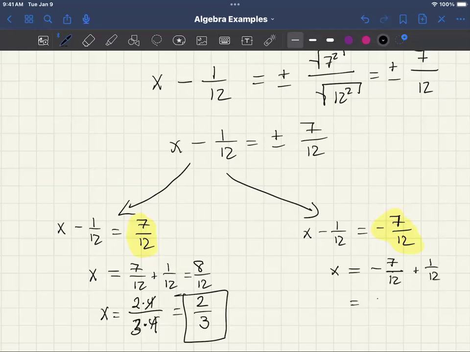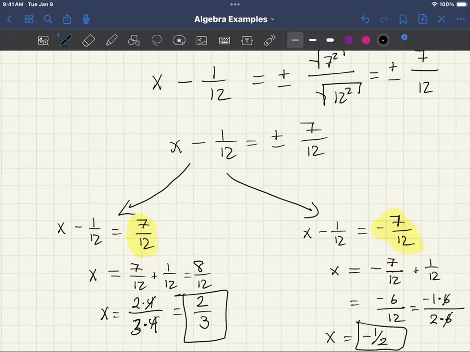So that is going to give us negative 6/12. Right? And we can break this down into 1 times 6 on the numerator, 2 times 6 on the denominator. So that gives us x is equal to negative 1/2. So there's our two solutions for completing the square.